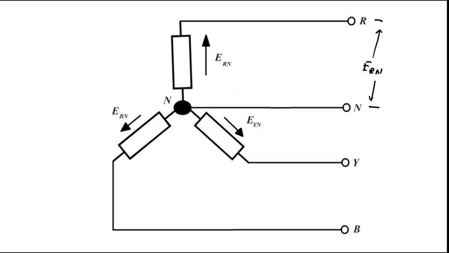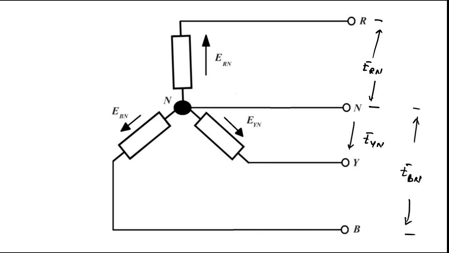This one from Y to N is EYN and this is EBN, between the particular line and neutral. So ERN is the voltage between the red winding and neutral, EYN is the voltage between the Y winding and neutral, and EBN is the voltage between the blue winding and neutral. Each represents a particular line, red, yellow, blue line.